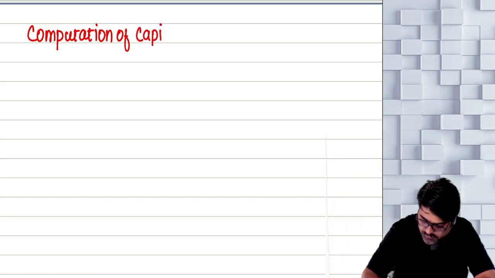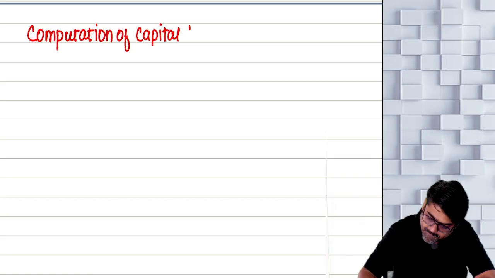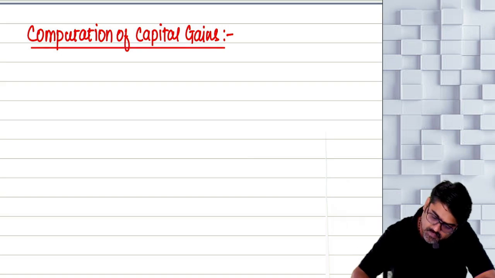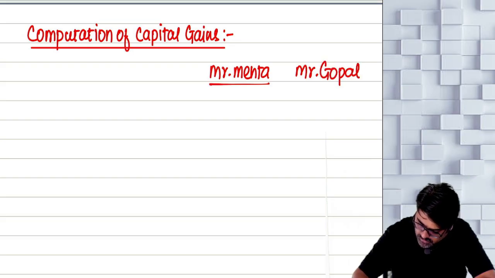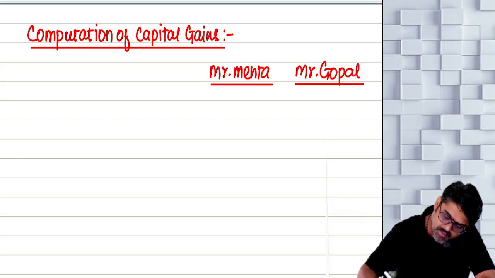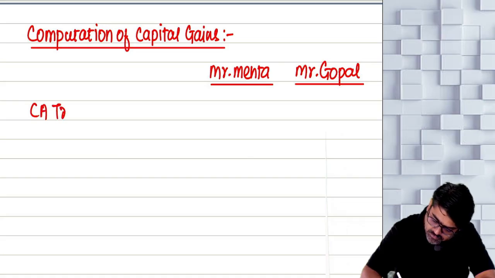Capital gains. Mr. Mehta, Mr. Gopal. Now, capital asset transferred.